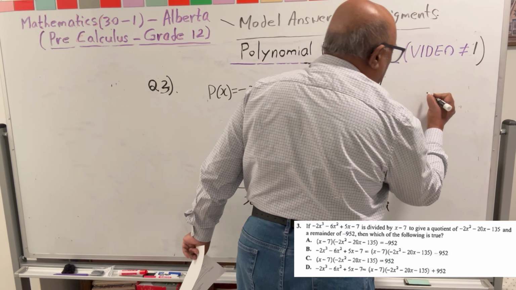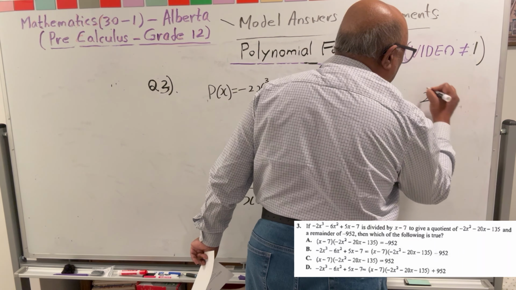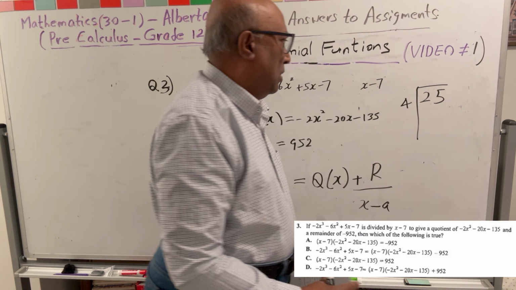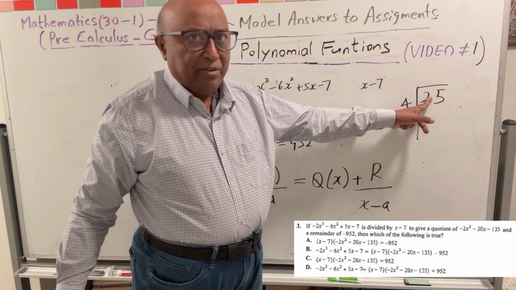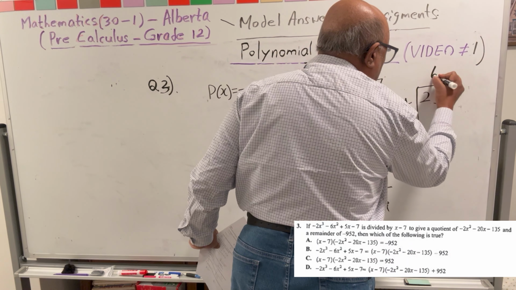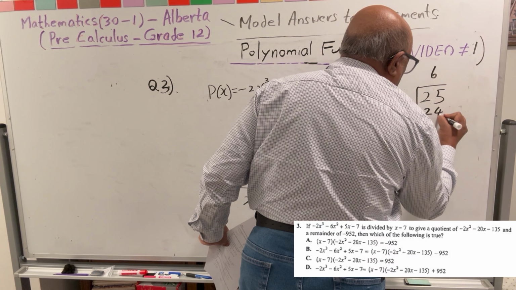We can recall this using a simple example. Let's look at this example: 25 divided by 4 gives 6, then the remainder is 1.